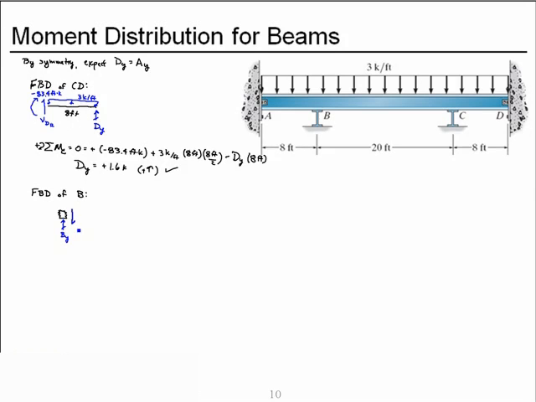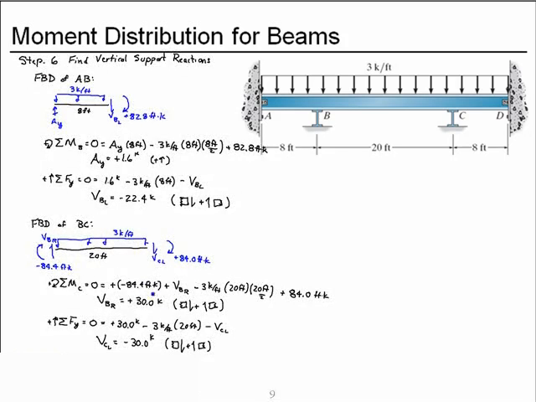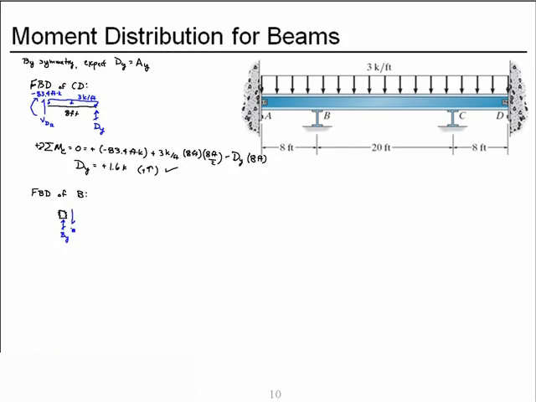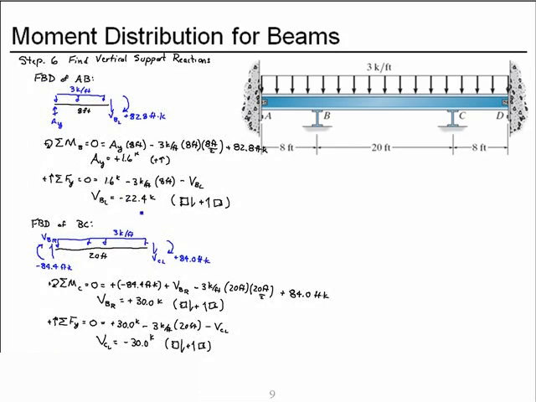We have the shear to the right of point B, which we found to be a positive 30 kips. The shear to the left of B, which we found to be a negative 22.4 kips.